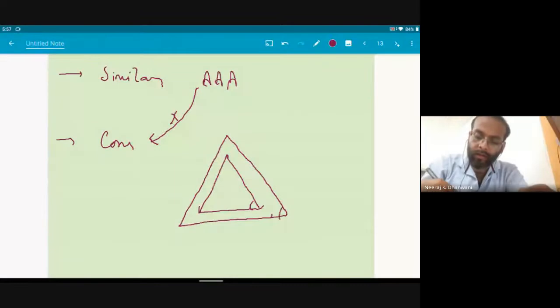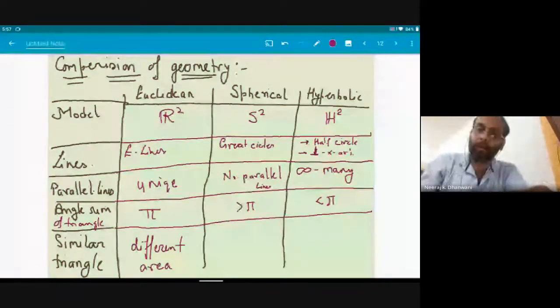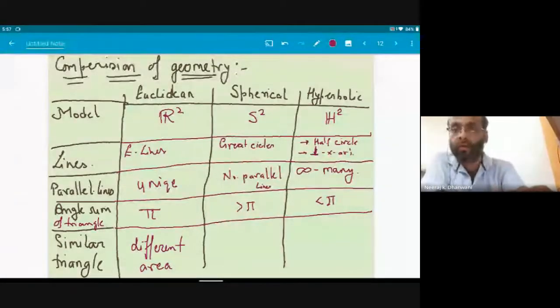These two triangles are similar, but they are not congruent. But in the geometry we are discussing today, hyperbolic, it is always true that if they are similar, they are congruent.